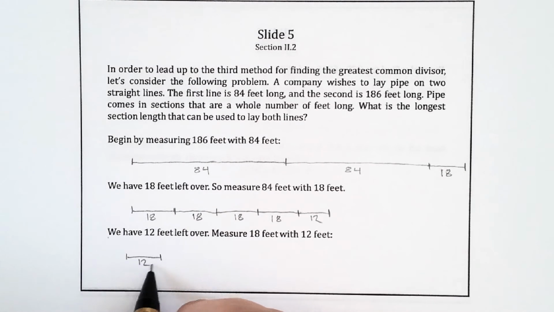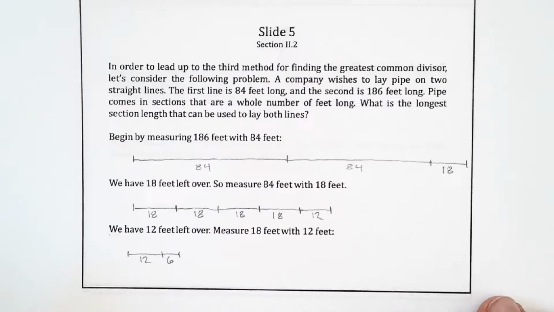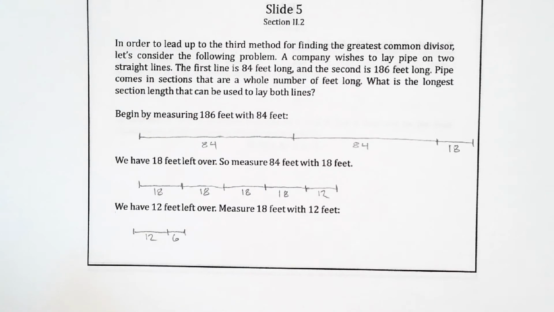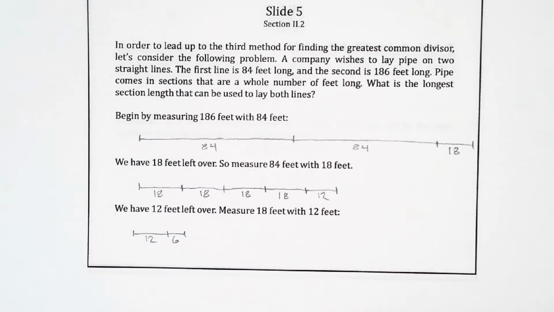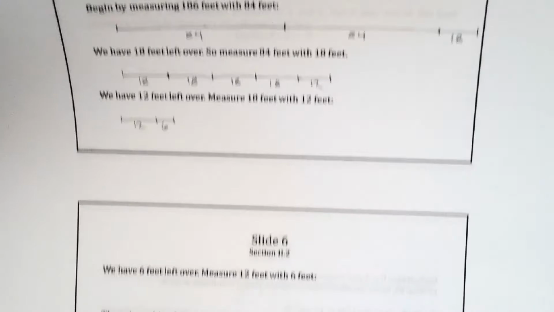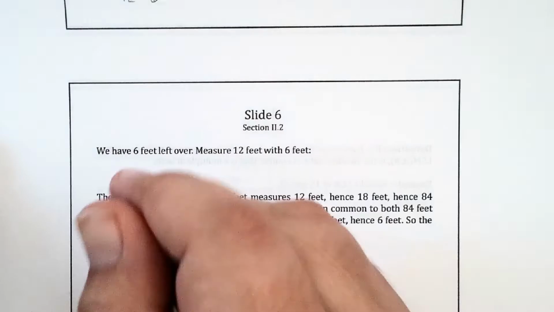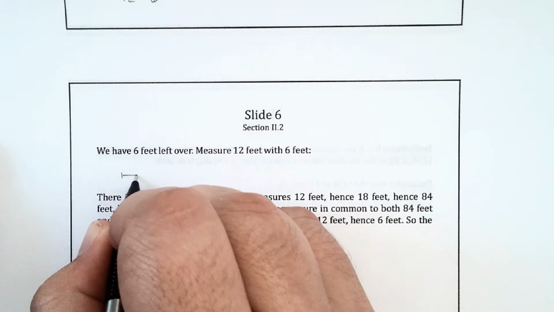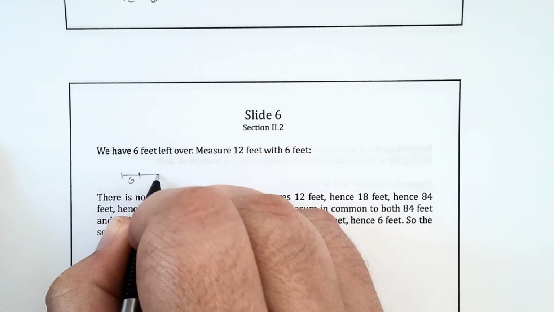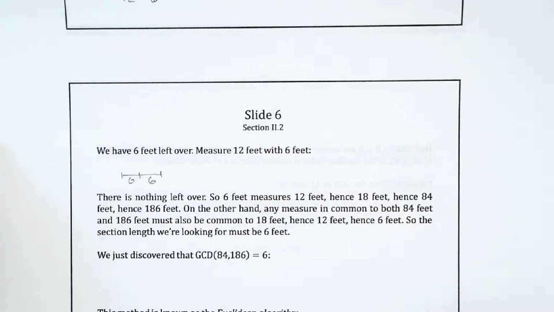Okay, so we have a 12, and that didn't quite measure it out. We've got 6 chopped off at the end. Now let's try to measure out the 12 with the 6. And of course it measures it out perfectly. We don't have anything left over.